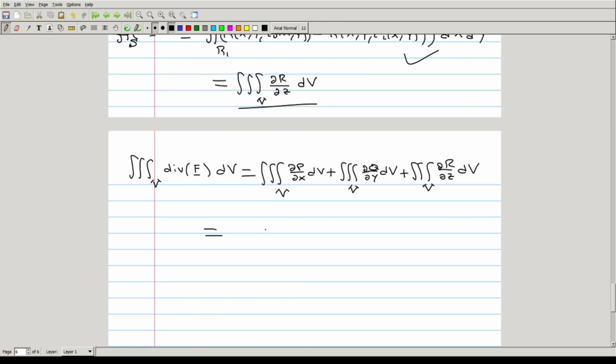But what we've shown is that this is the same thing as the surface integral over S of P i hat dot dS, plus the surface integral of Q j hat over S, plus the surface integral of R k hat.